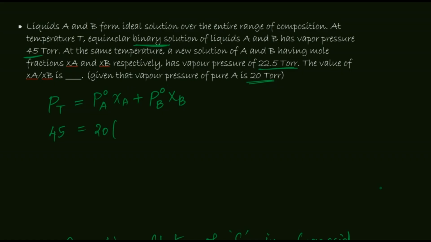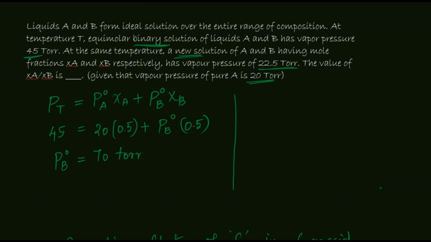So binary means 0.5 as the mole fraction, plus the pure pressure of B, which we don't know, and for the mole fraction of B, I'm taking 0.5. So upon solving this, you will end up with a pressure of 70 torr for B.